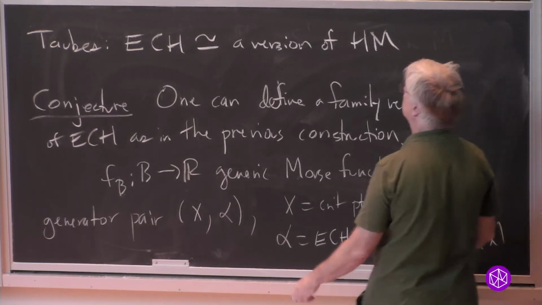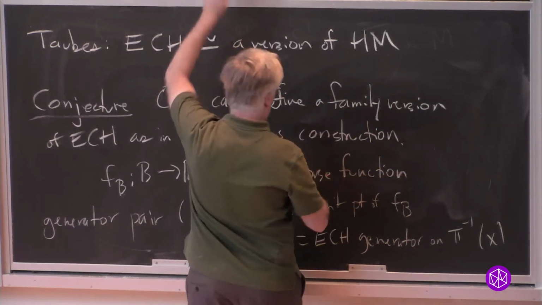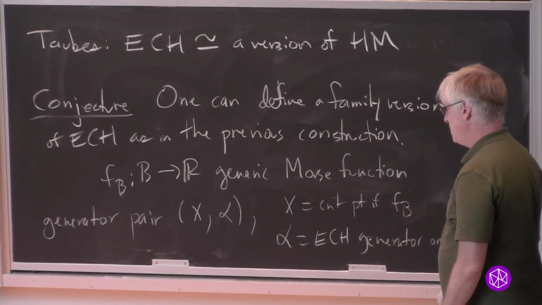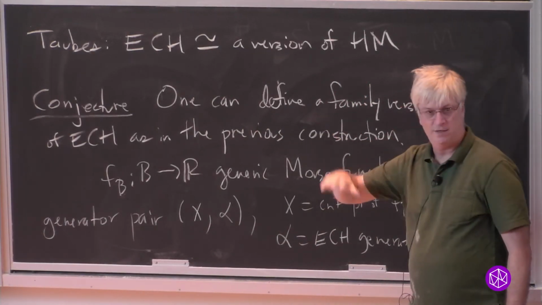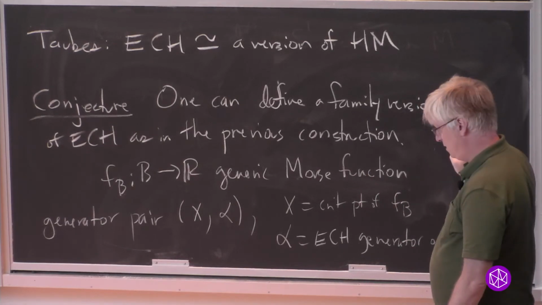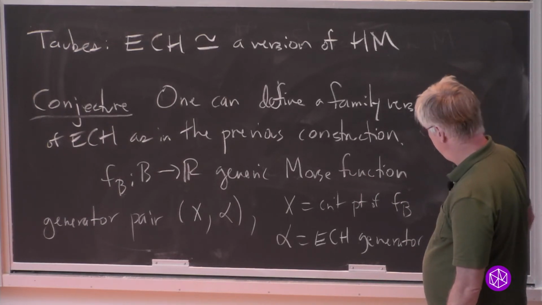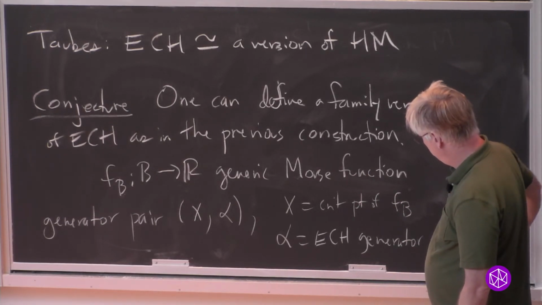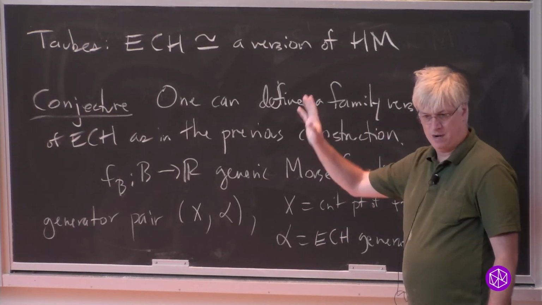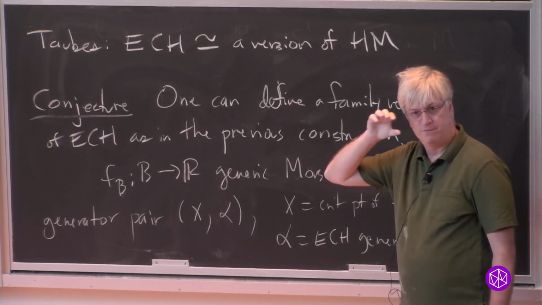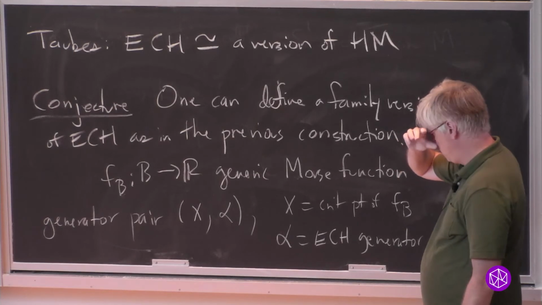We call this map pi. And then the differential, well, you have a vertical differential, which is just the usual ECH differential, and then the additional parts of the differential would be pairs of a flow line of f_B, and a solution of a parametrized holomorphic curve equation over it.